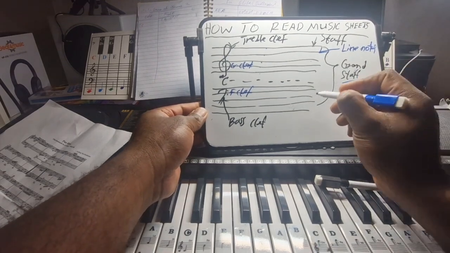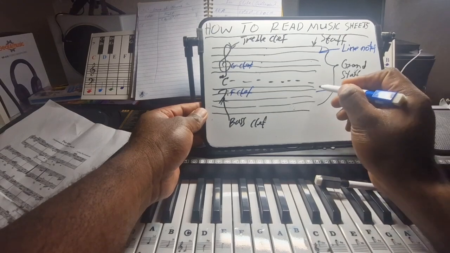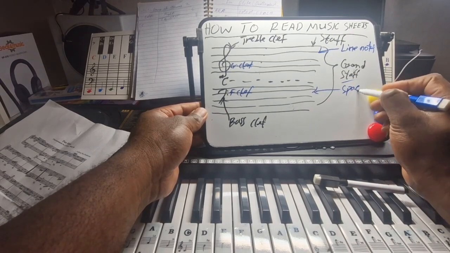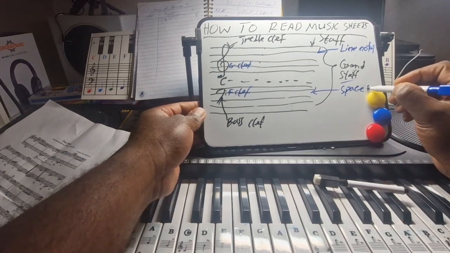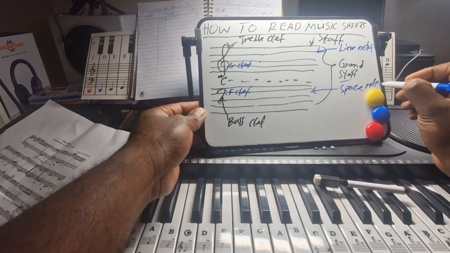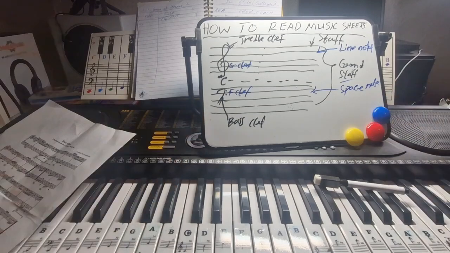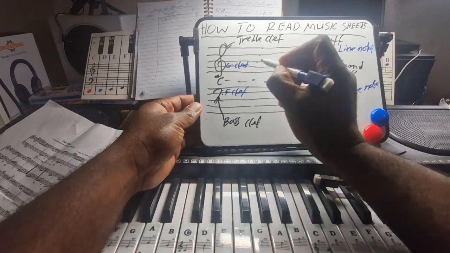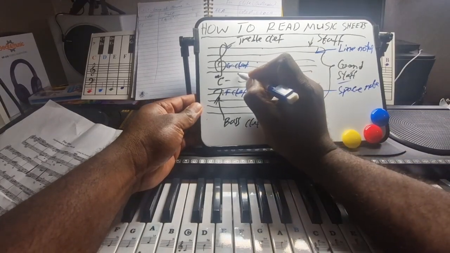All right, and the spaces are called space notes. All right, good. Now, after the C here, we have what? D. Okay, here.